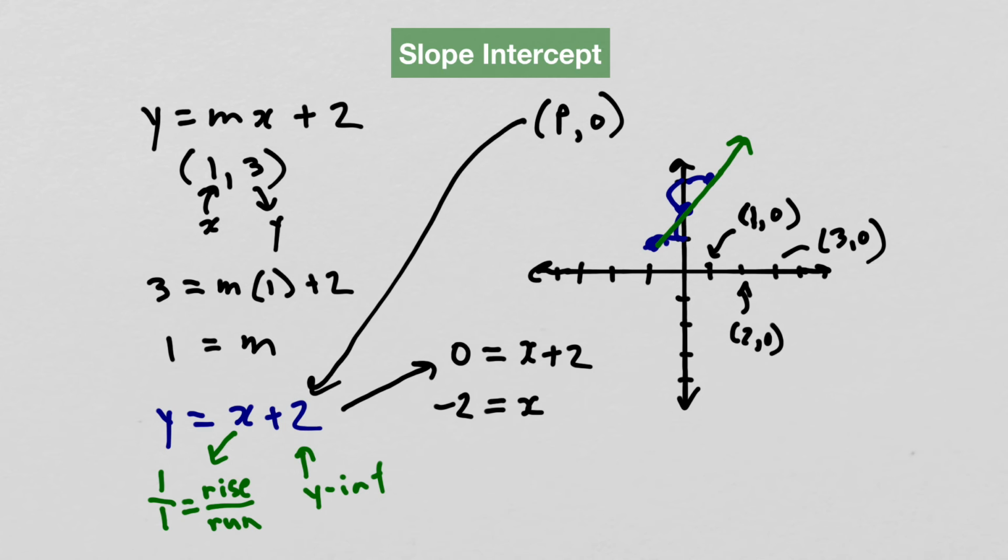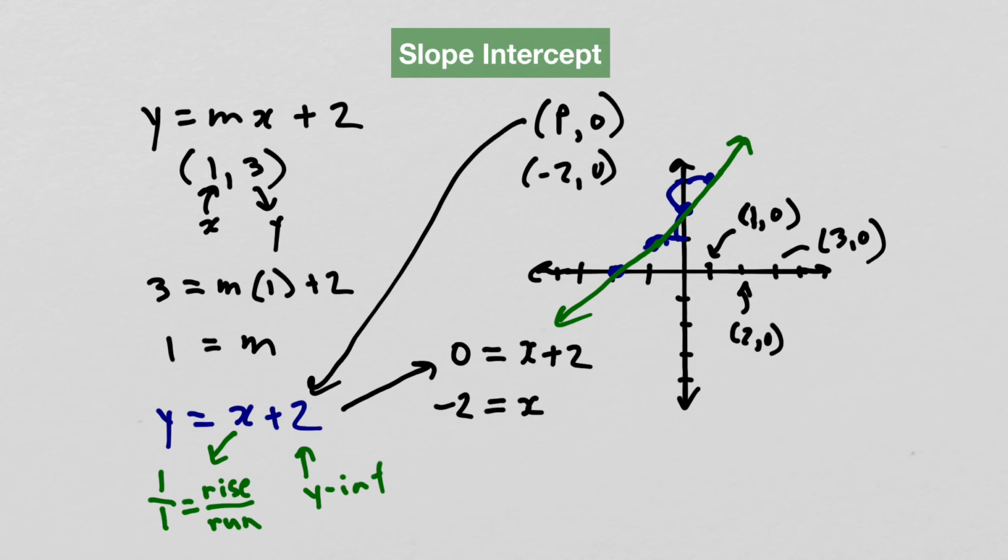That means the line crosses the x-axis at negative 2, comma 0. So we need to put a dot right here, negative 2, comma 0, and then continue drawing the line. Not exactly a straight line, but you get the idea.